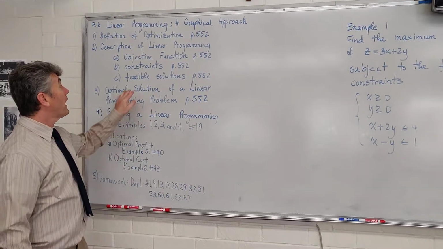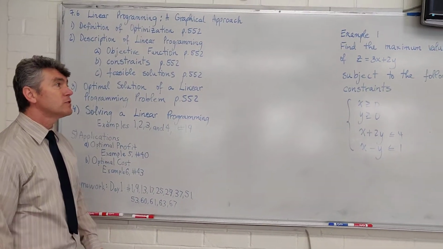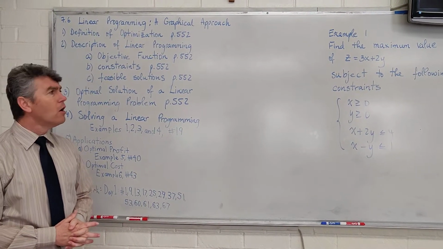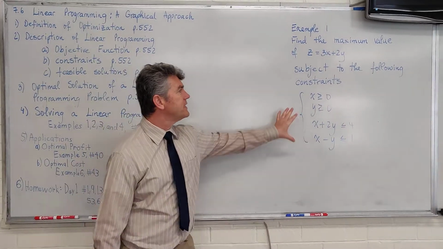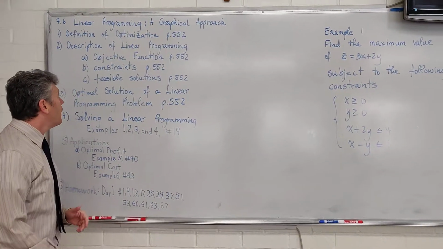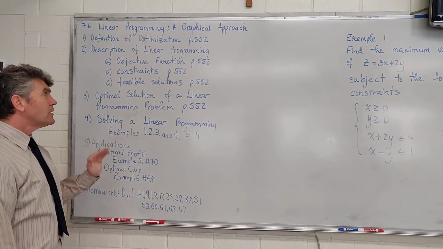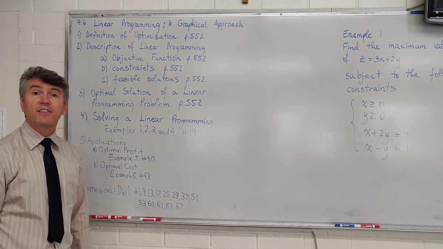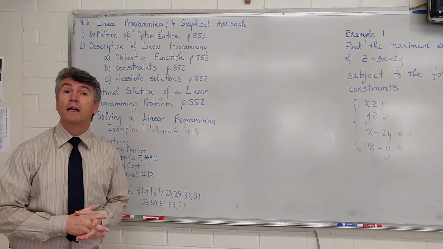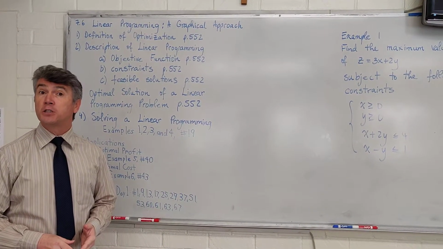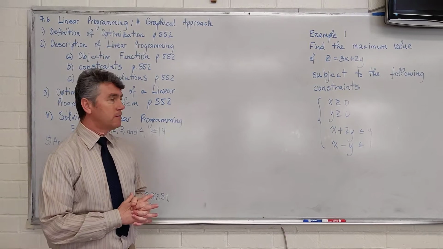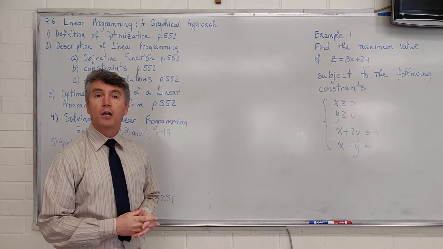Next, we have feasible solutions. We'll talk about feasible solutions more as you do example 1. The feasible solutions are actually the solutions of this system of inequalities. Okay, so there's a theorem that we will not prove, but that theorem says that the optimal solution of a linear programming problem occurs at one of the vertices of the region where the feasible solutions are located.